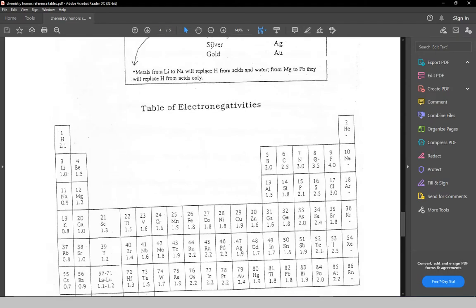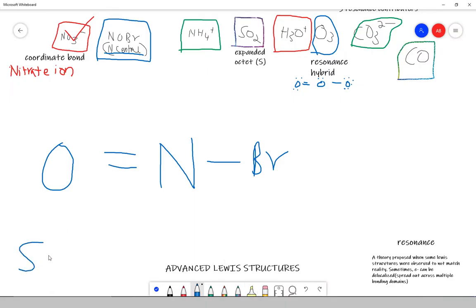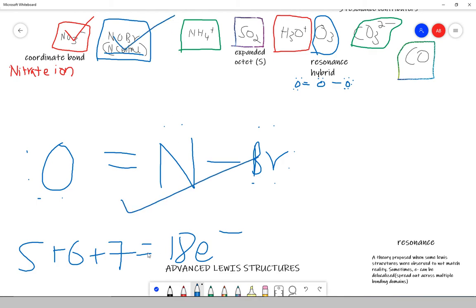So we have 5, 6, and 7, which is 18. We make sure we have our octets. 2, 4, 6, 8, 10, 12, 14, 16, 18. So this right here should be the right Lewis structure for this one.